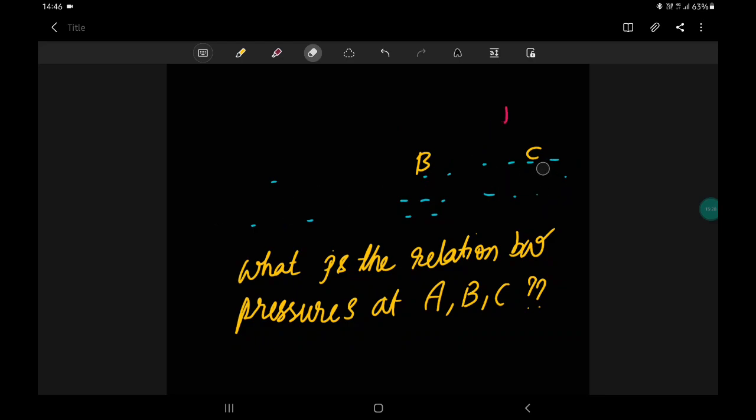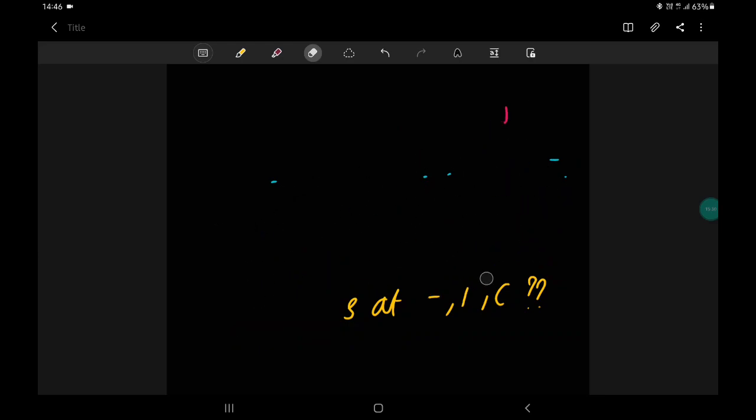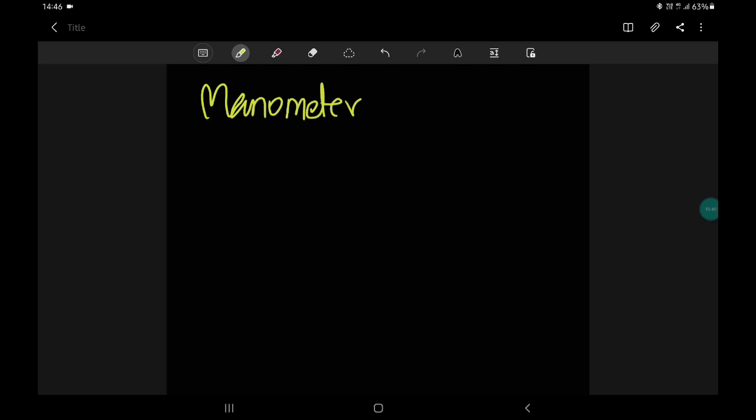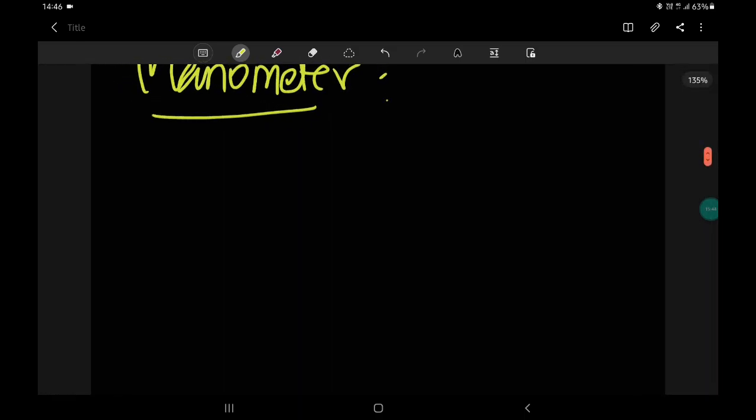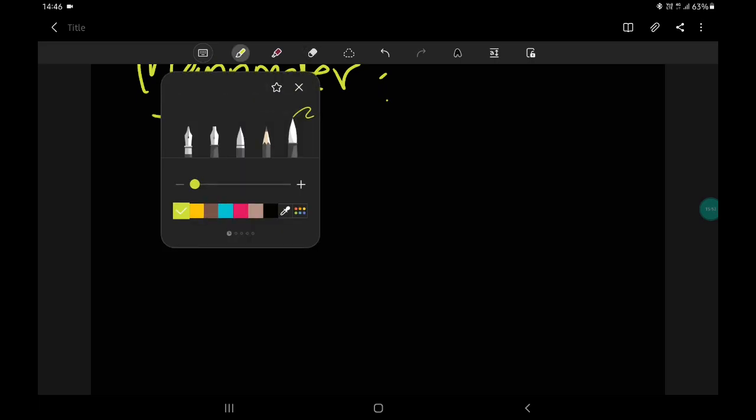Next, let's move on to the next topic, which is manometer. A manometer is used to measure the pressure of a particular gas. You will have an instrument.